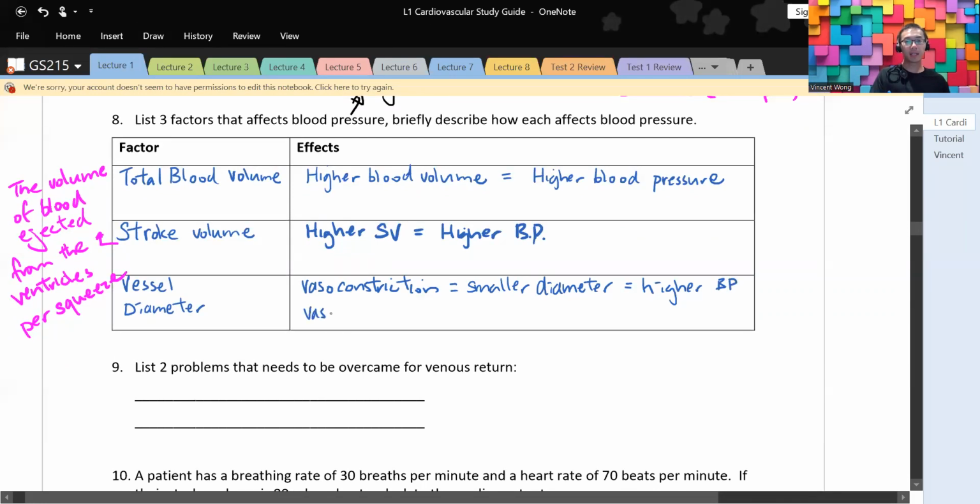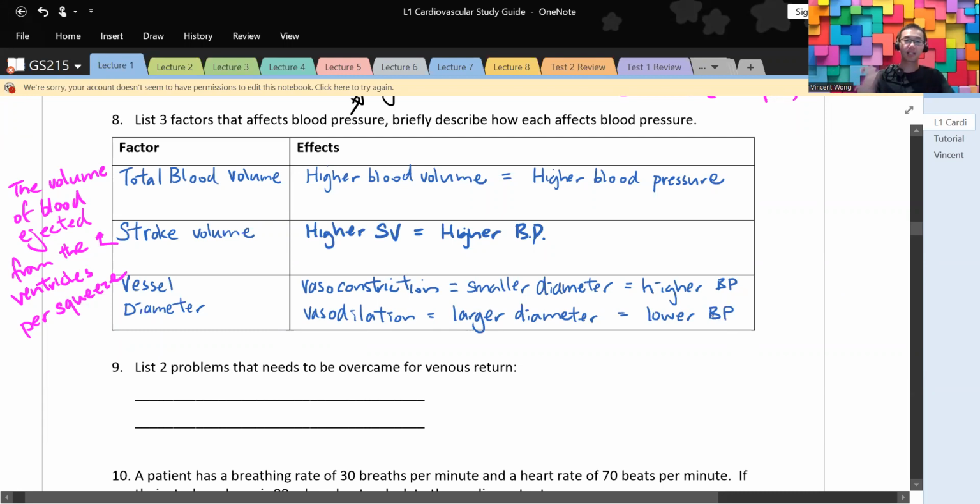On the other hand, you might have vasodilation, which is larger diameter, which means lower blood pressure. Okay, so those are the three factors.